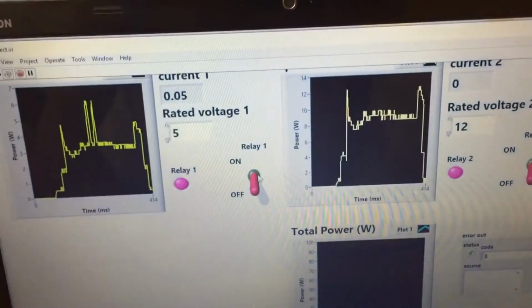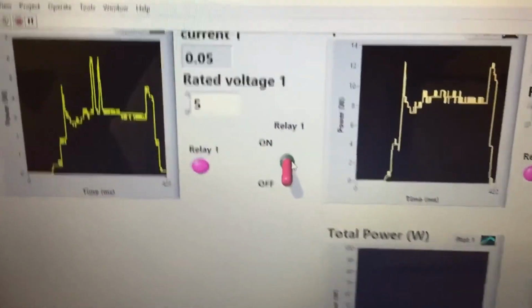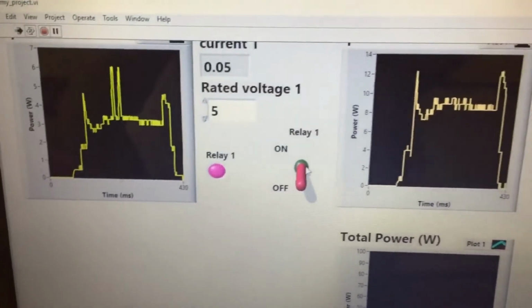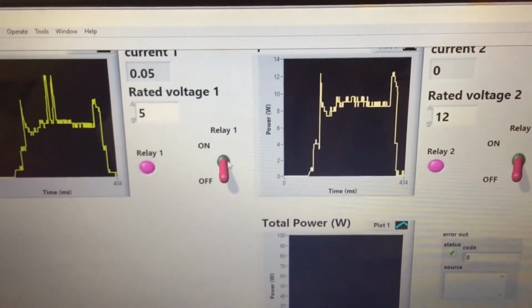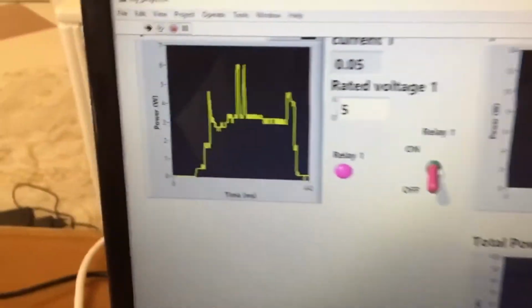And now by turning off everything, you can see the current goes down to 0, or approximately 0. You can see here the current is approximately stable at 0, as you can see here.